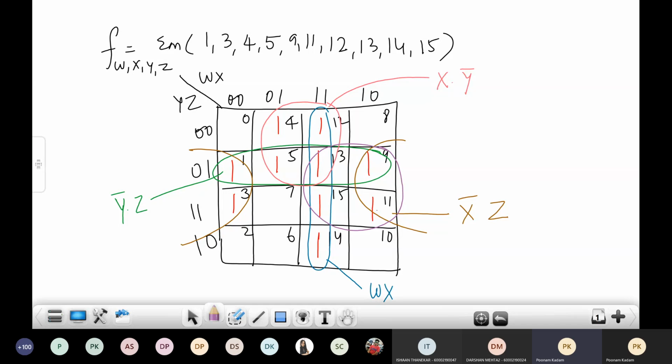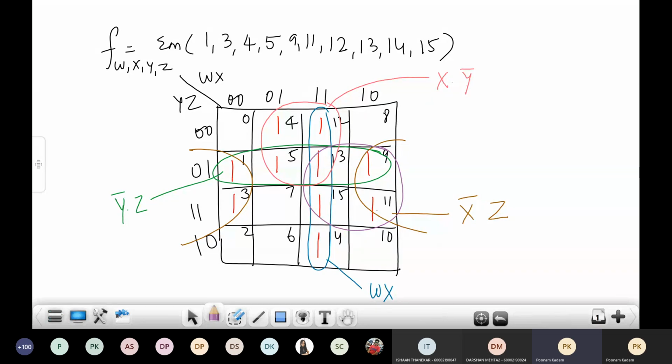Now I'll tell you how you have to do it. First of all, whatever number of prime implicants you can form, you have to form all the prime implicants. Don't limit the number of prime implicants. Don't think that if you have fewer prime implicants, you will get a minimized expression. You find out all the prime implicants.